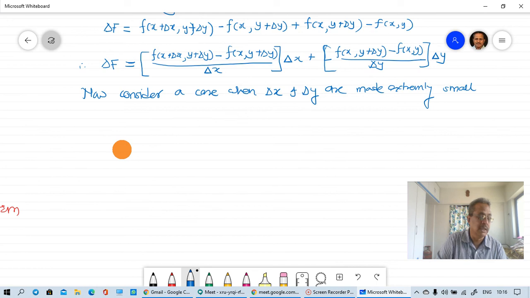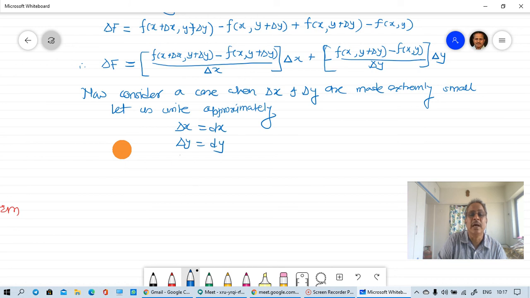Then let us write approximately. Remember, in mathematics this is allowed. So we change delta x by small dx, delta y by small dy, and delta f by df. So these changes I am taking in the above equation.